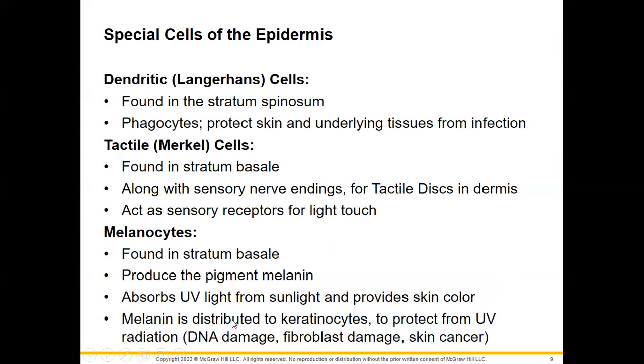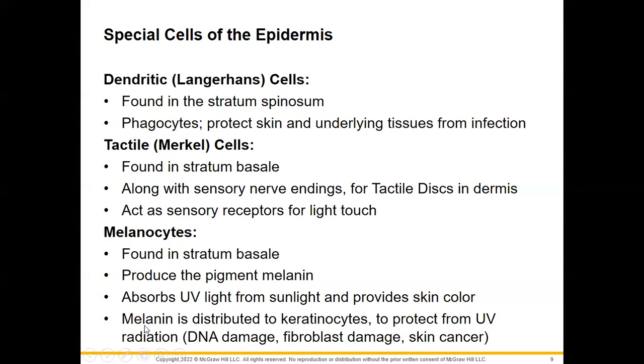Melanin is distributed to your keratinocytes in order to protect you from that UV radiation from the sun. Now, once UV rays hit the skin, as those skin cells divide, the stratum basale cells start to divide, they start to grow. That UV light can damage that DNA and it can cause problems.